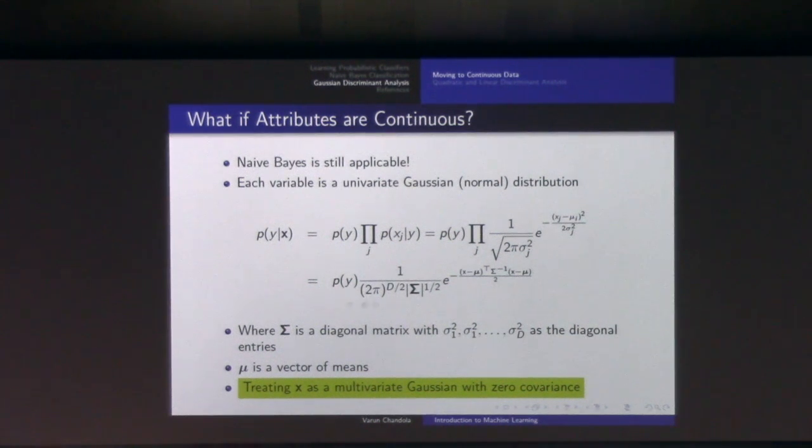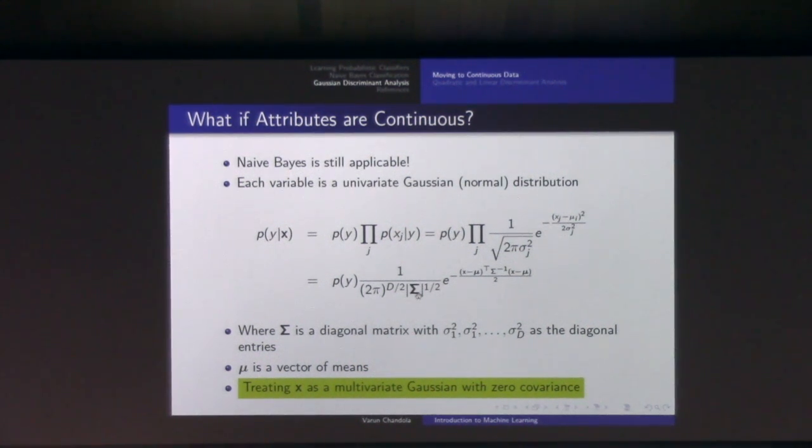So in some sense, even though you said that each attribute is independent of everything else, and each attribute is modeled as a univariate Gaussian distribution, when you compute this, it essentially means you're assuming that your entire X is modeled as a d-dimensional vector, a d-dimensional multivariate Gaussian with mu as the whole vector, but the sigma is special.